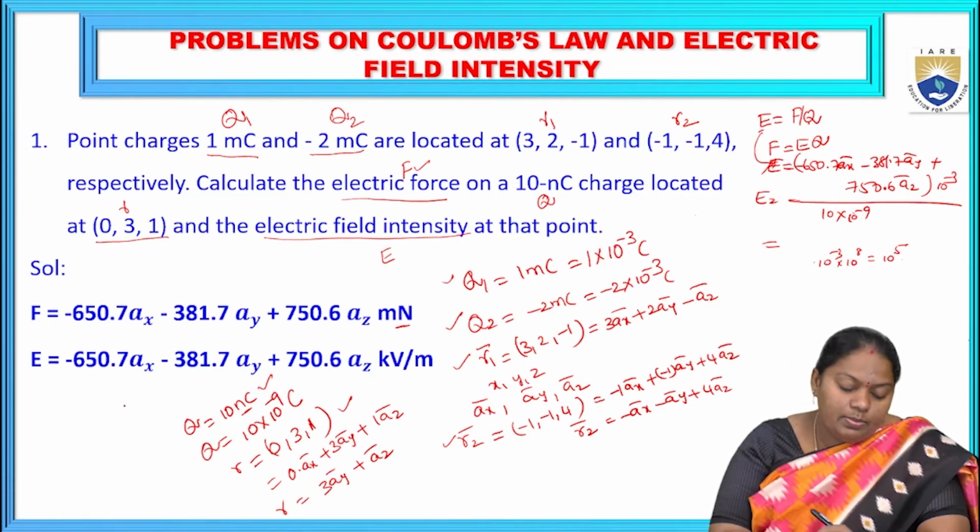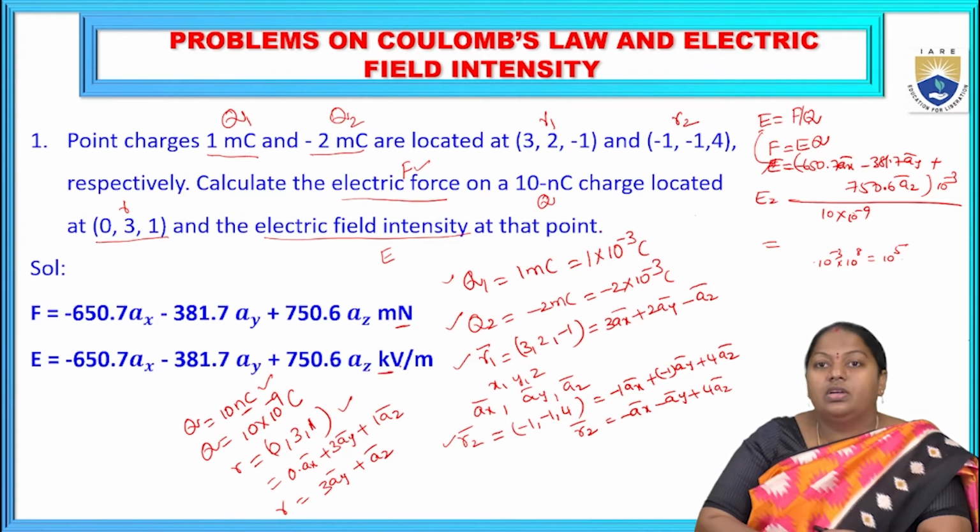Then it is given here as E equal to minus 650.7 ax minus 381.7 ay plus 750.6 az kilovolt per meter. Right? Generally, the electric field intensity E is measured in volts per meter, and the 10 cube is there to be obtained. In order to express that 10 cube, we have considered it in terms of kilo.